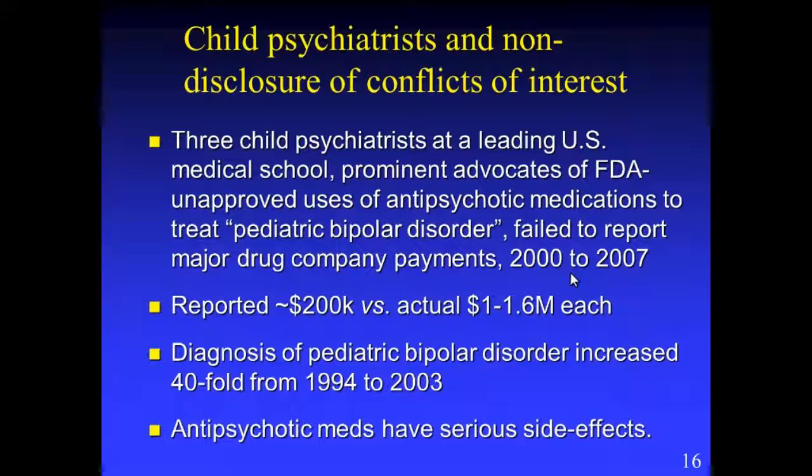The problem arose because three child psychiatrists at a very prominent medical school in the United States, who were leading advocates of the use of these antipsychotic medications for this treatment, failed to report drug company payments between 2000 and 2007, or at least seriously underreported what they received. They reported receiving around $200,000, whereas they actually received between $1 and $1.6 million each.